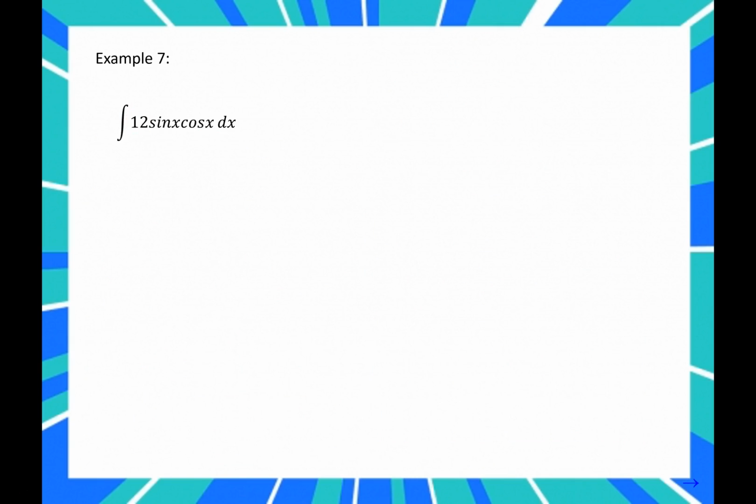All right, in this particular problem, it actually doesn't really matter which one we choose to be u, but I like to just avoid negatives, so I'm going to do u equals sine x and du equals cosine x dx. And I'm even going to make this easier for myself and pull out the 12.